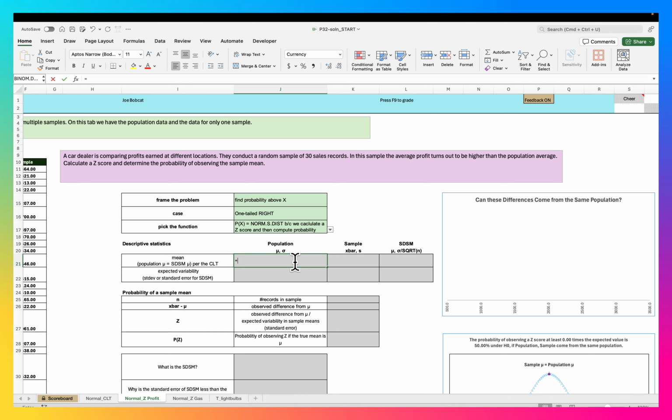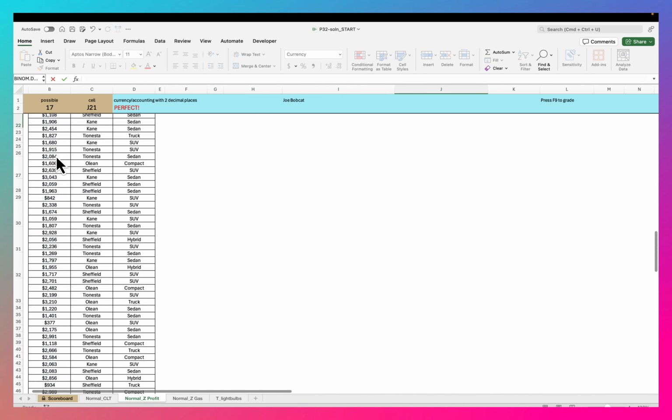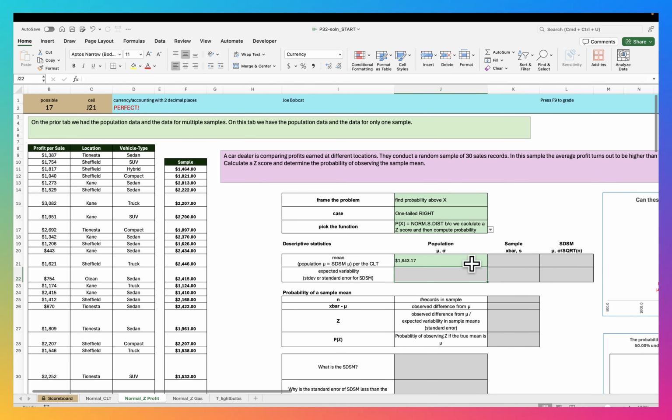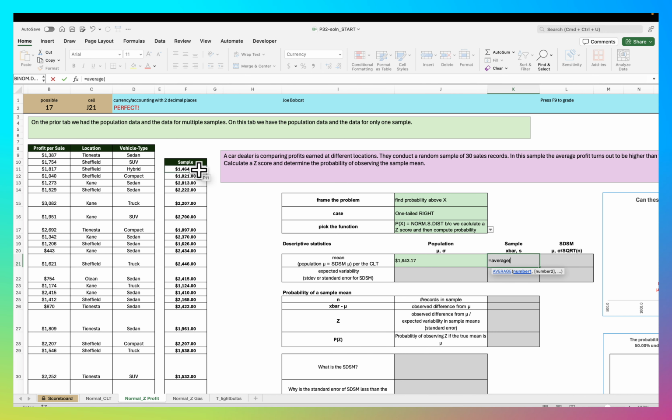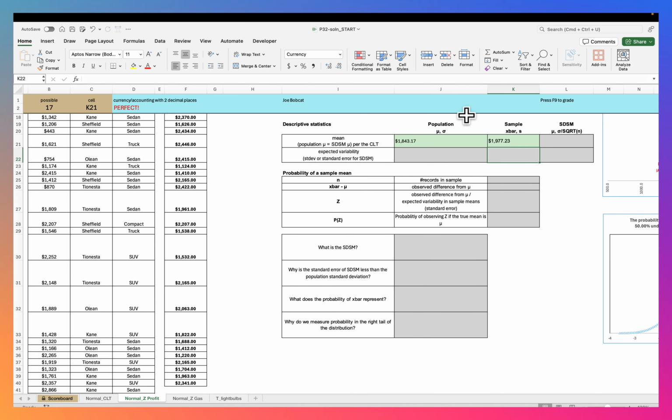Okay, so we'll start with population. Mu is going to be the average of all these values. And for the sample, it's going to be the average of these, just the sample.